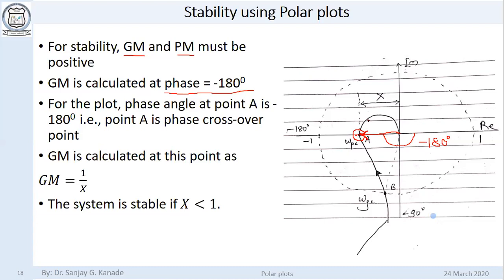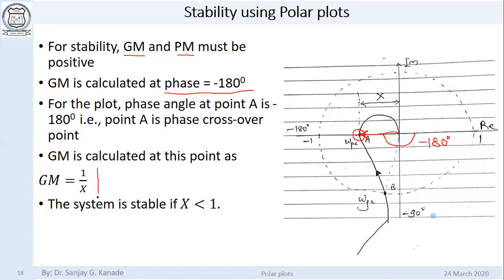So the length of the vector is x, that is the magnitude of G(j omega) when the phase angle is -180. This point is the omega pc, the phase crossover frequency, when the phase crosses -180. At this point the magnitude is x, and therefore gain margin is 1 upon x.